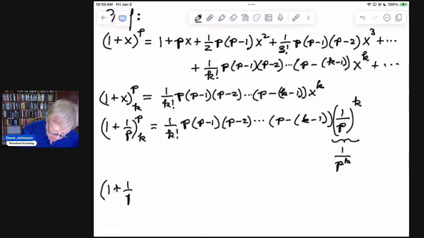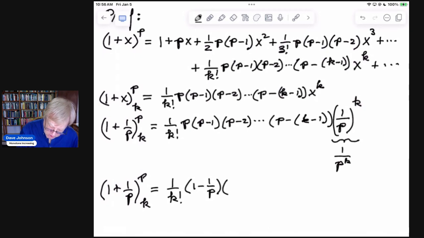1 over p raised to the p, and this is the kth term. The 1 over k factorial doesn't change. Now the p divided by p is 1, I'm not going to write that factor. P minus 1 over p gives us 1 minus 1 over p.